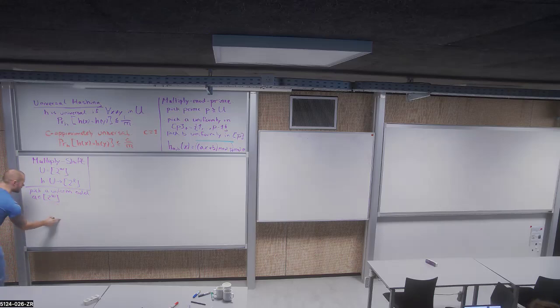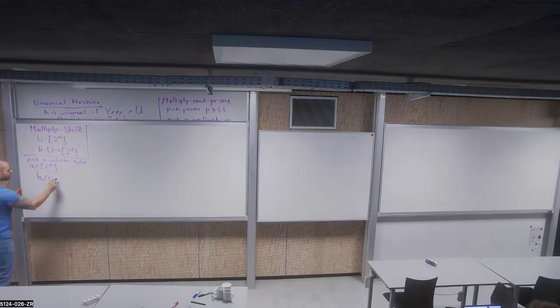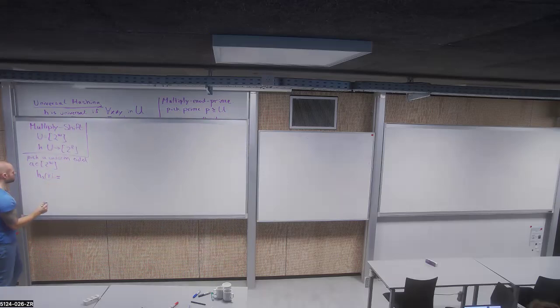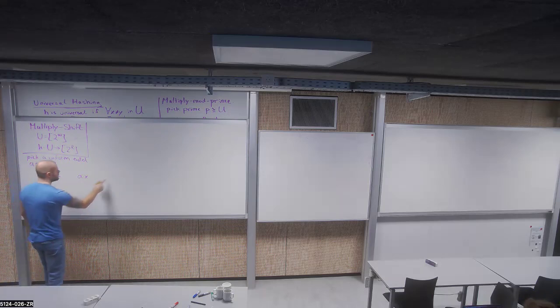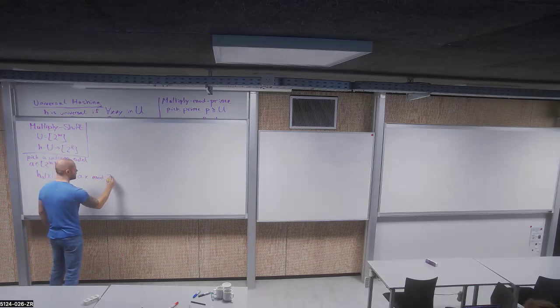And then your hash function now is just, it looks complicated when you write it like this. So the hash function applied to an x is going to look like this. We're going to take a and multiply it with x, similar to the previous hash function. And now we're going to do modulo 2^w.